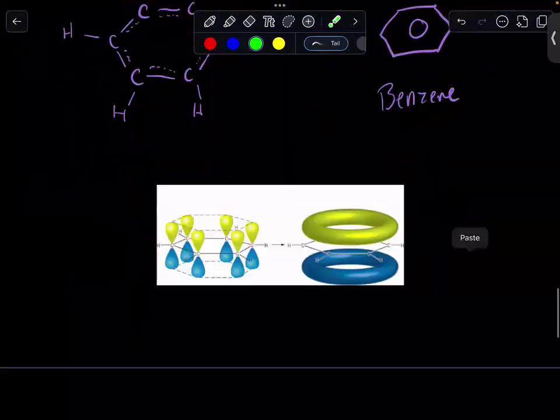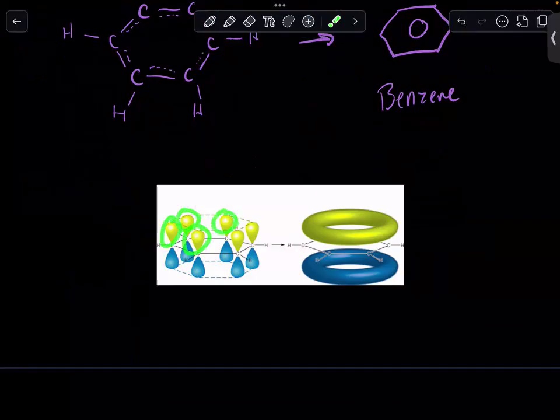In benzene, the orbitals, which we're going to learn about sigma and pi bonds in our p and s orbitals, but you can tell from the shape that these are generally p orbitals. They actually all come together, and the p orbitals in one plane create a ring of electrons, and the p orbitals in the bottom plane create another ring of electrons, and we get these kind of like donut-shaped orbitals.